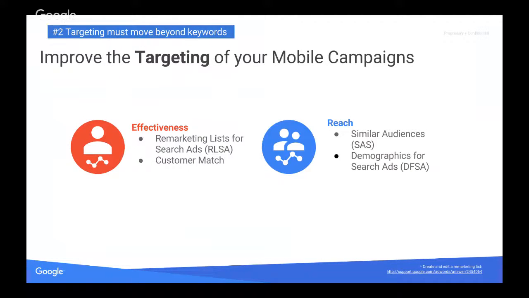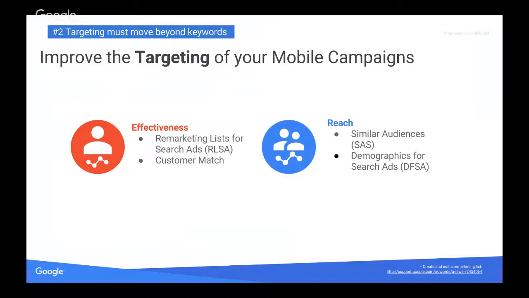Second, targeting must move beyond keywords. There are two features which you can improve. Actually, it's not two features, but two categories that you can improve the effectiveness and reach for your targeting itself. Improving the effectiveness of your targeting means the ability to segment and optimize bids for your existing most valuable mobile customers.